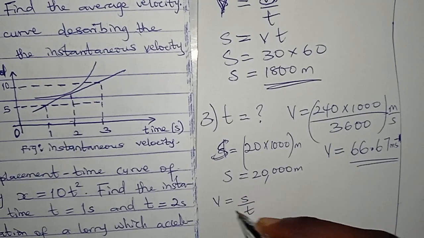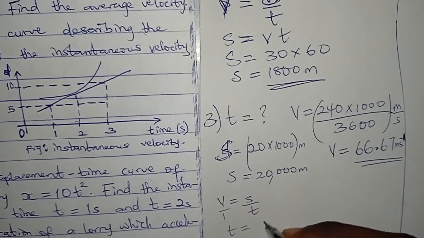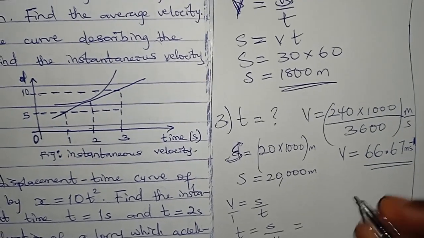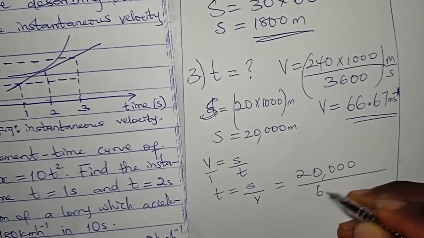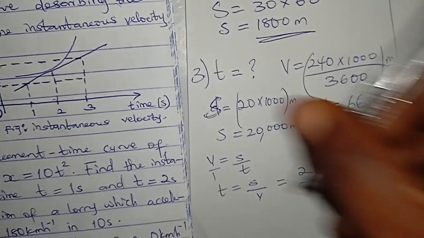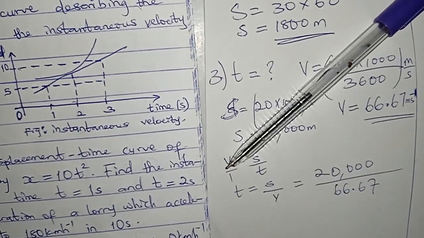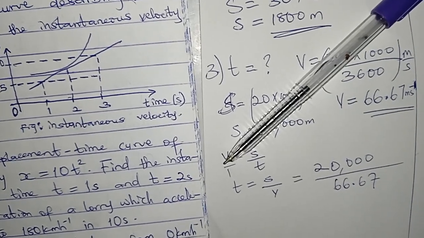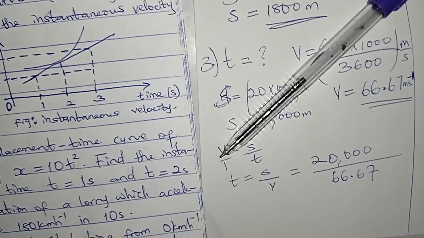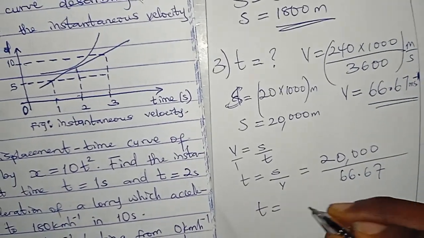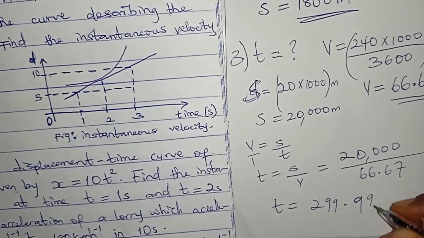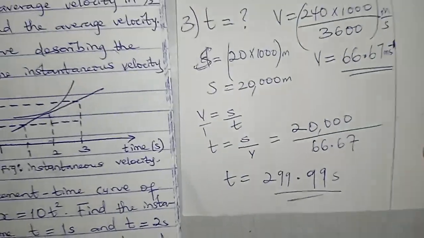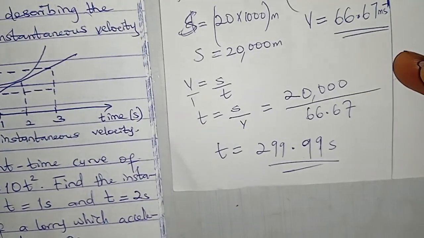So time should be equal to S over V. So this is 20,000 all over 66.67. So we have T equal to 299.99 seconds.